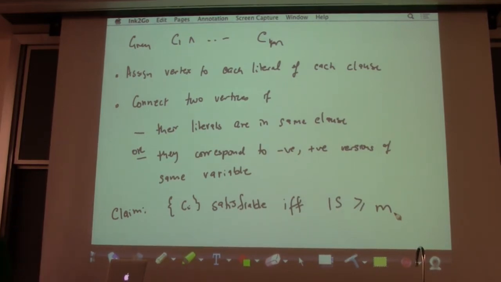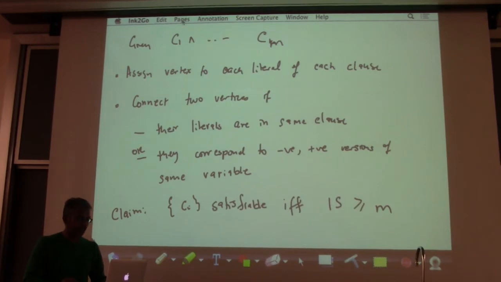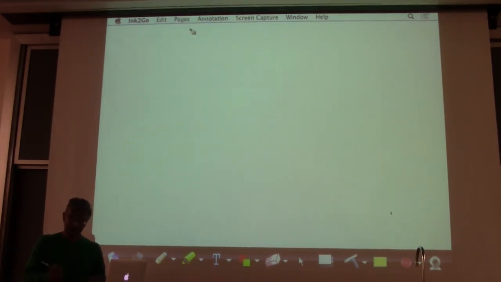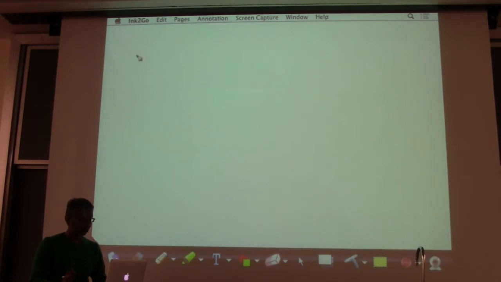So again, it's an if and only if. So let's assume that, so part 1, in fact, the clause set has a satisfying assignment. I think I see now why my idea won't work. You do? Yeah.